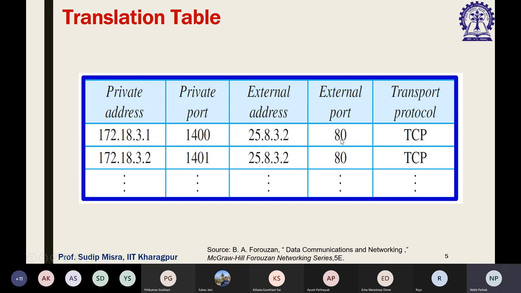What it means is that this private address with this private port will be mapped to the public address, this one, with external port 80. So this is the private port. You see the private port numbers are peculiar, and these are the well-known external ports corresponding to the application that is running. If we are talking about TCP, these are the external ports which are already well known for TCP. So that's the whole concept.